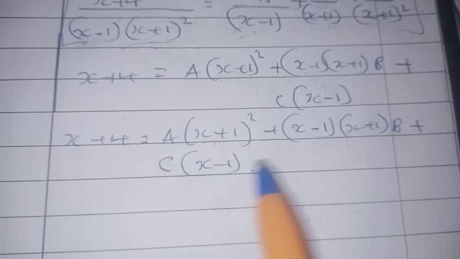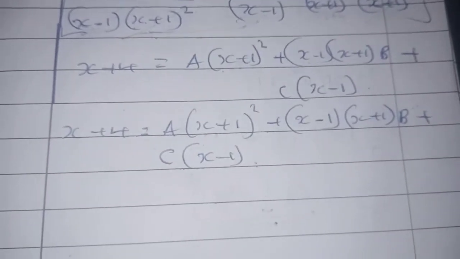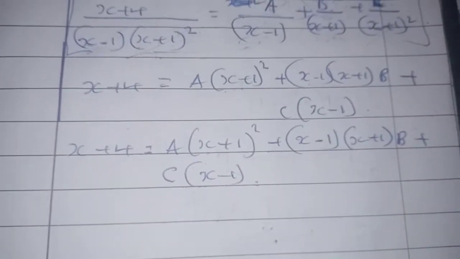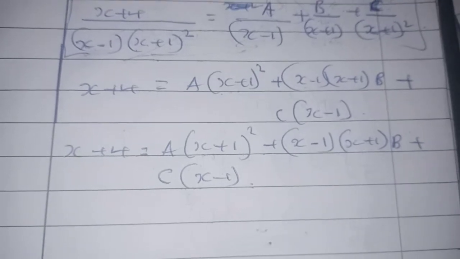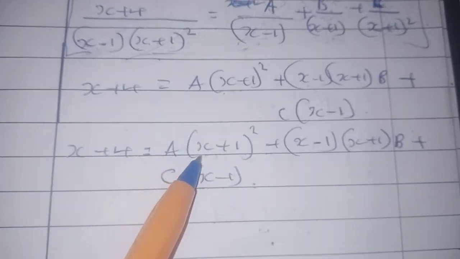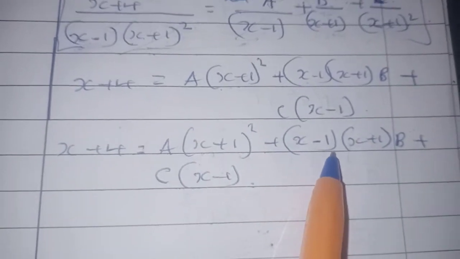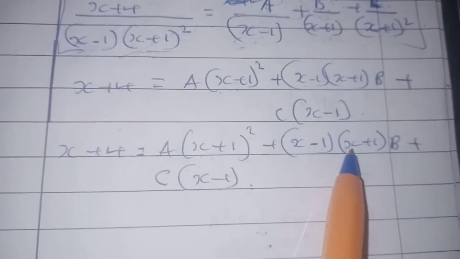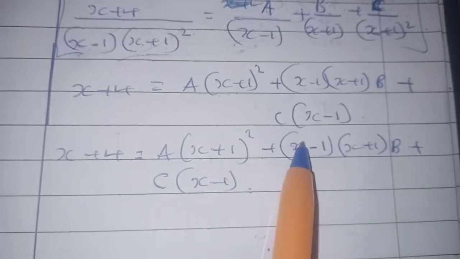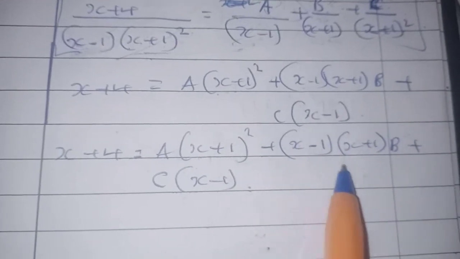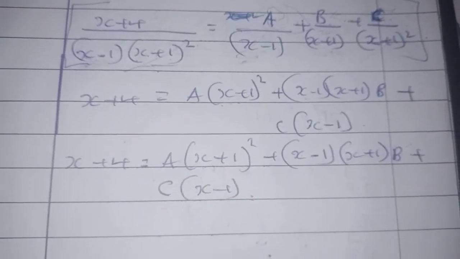What if we substitute with 1? Let's start with 0. When you substitute with 0 here, this will be 1 squared. When you substitute with 0, this will be negative 1 times 1. Now this will not be 0. We want to only remain with a and the rest to be 0. Let's leave 0 alone.